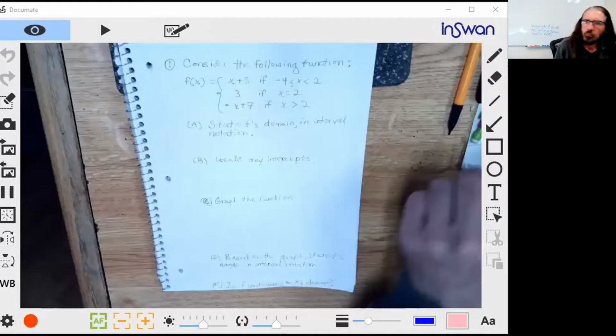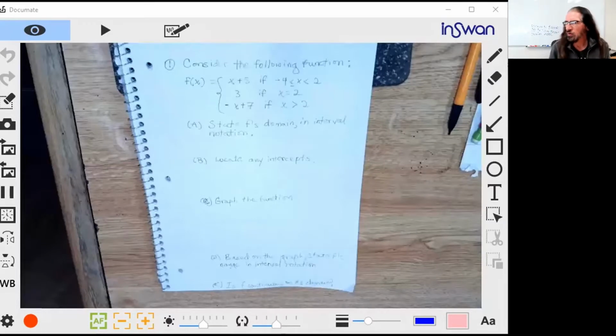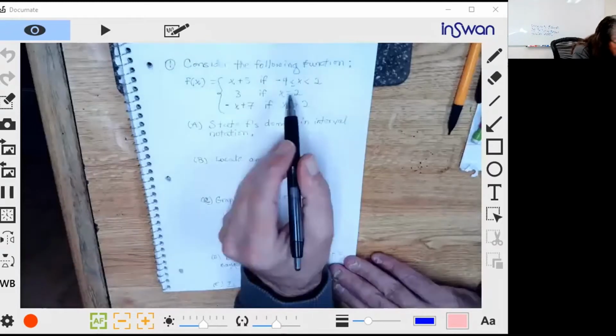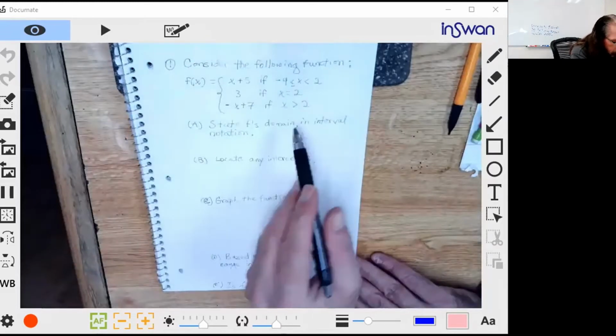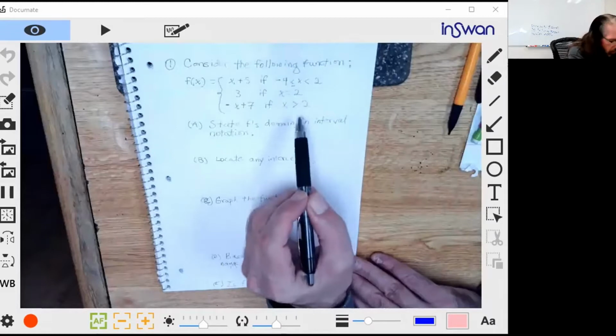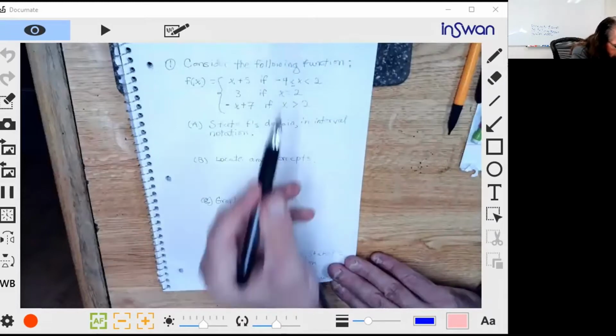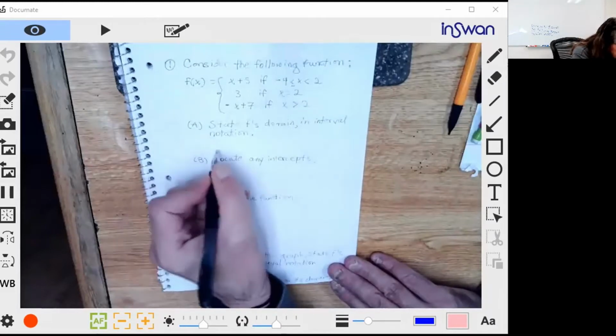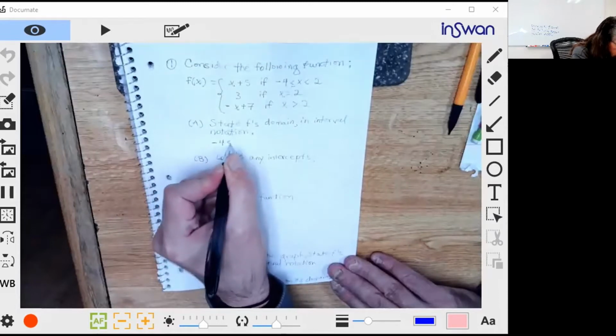This example, we have three different intervals. And when we're asked for the domain, if we just lump these three intervals together, starting at -4, there's an or equal to there.